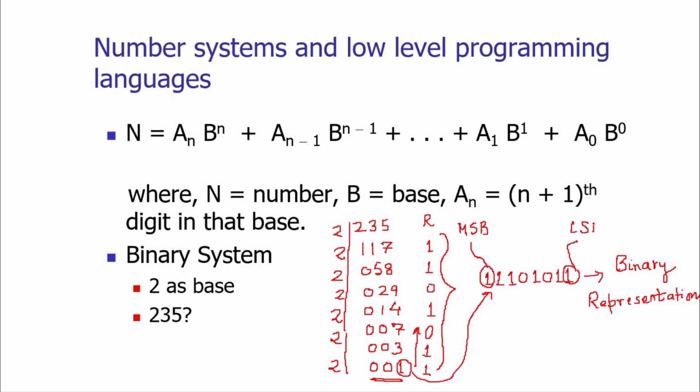This is the LSB, the least significant digit. So in this way we can simply convert the number 235 into its binary representation. The same binary number can be converted back into the decimal equivalent by using this equation.